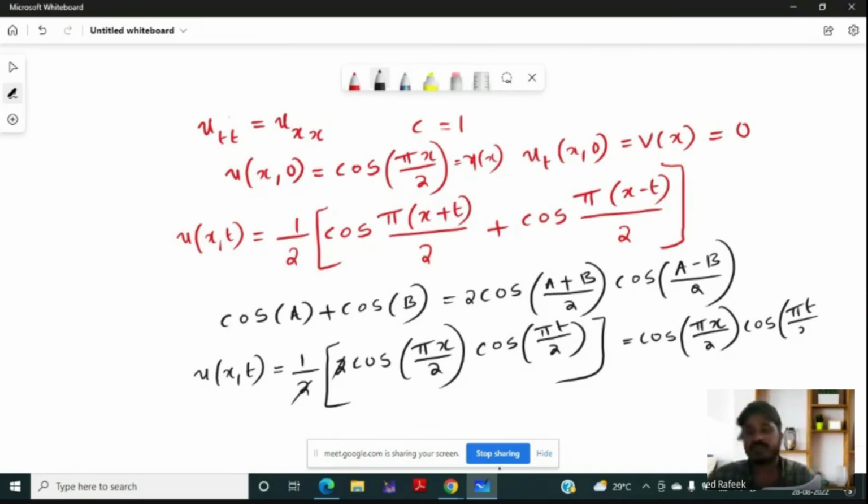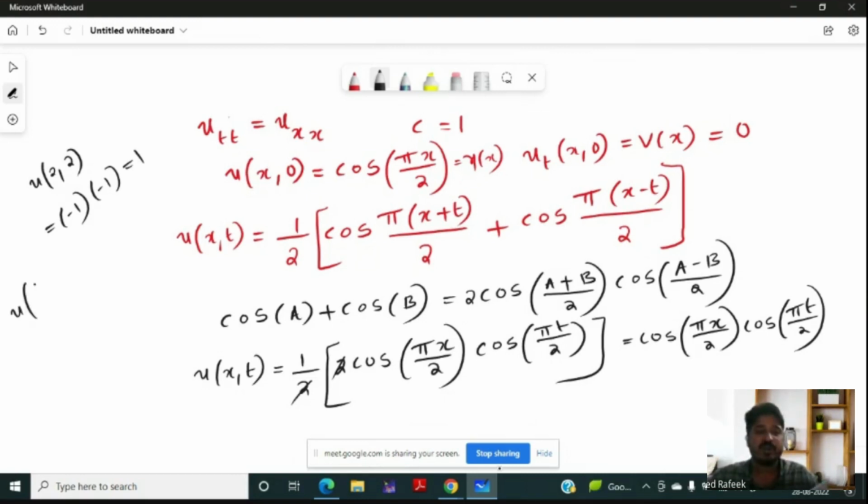Find the points now. They are given. u of 2, 2 means cos π. Cos π is minus 1. Again, cos π is minus 1, into minus 1 is plus 1. So u of 2 is plus 1.